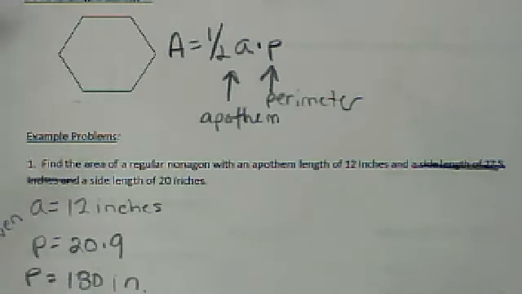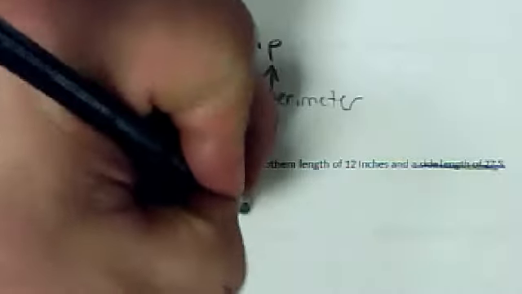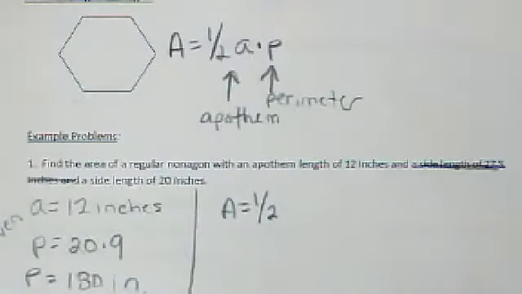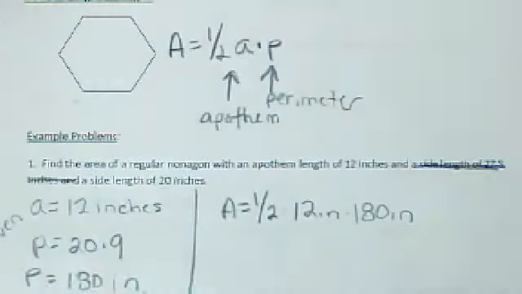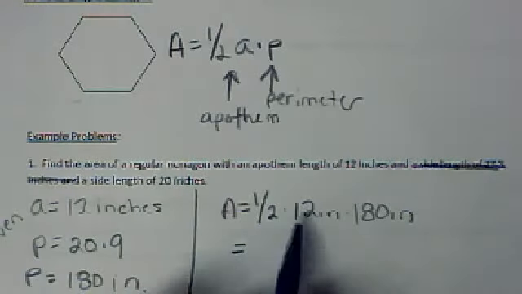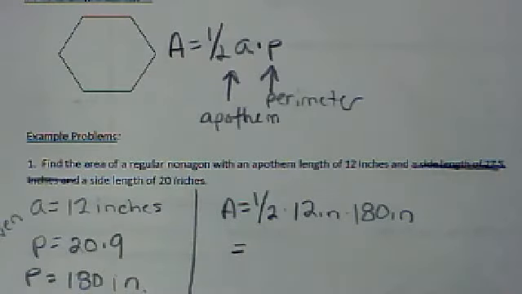So now I have enough information to apply it to my area formula. The area of this regular polygon is 1/2 times my apothem of 12 times my perimeter of 180. I can say half of 12 is 6 or half of 180 is 90.